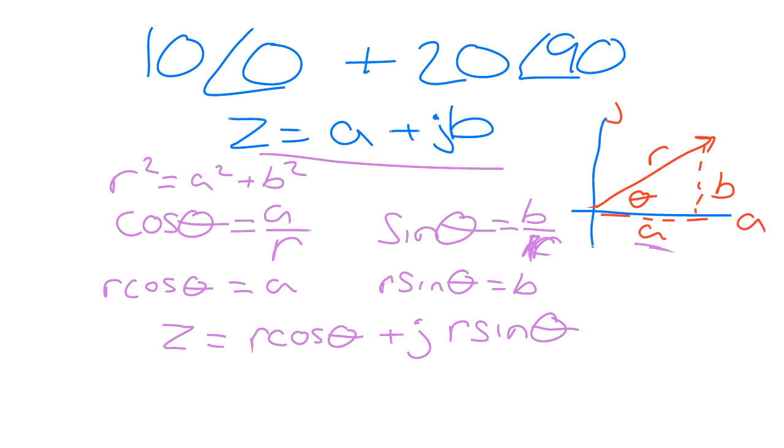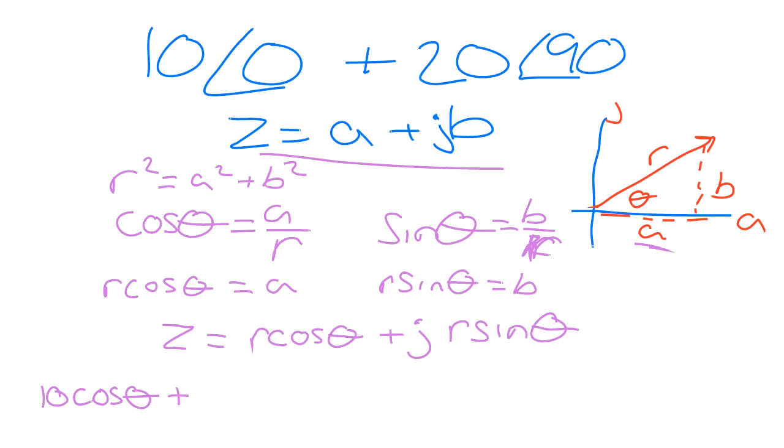And just to give you an example of what the whole thing should look like, we're going to do 10 at the angle 0, and that would look something like 10 cosine theta. Okay, and we actually haven't found theta yet. We're going to have to use tangent for that.